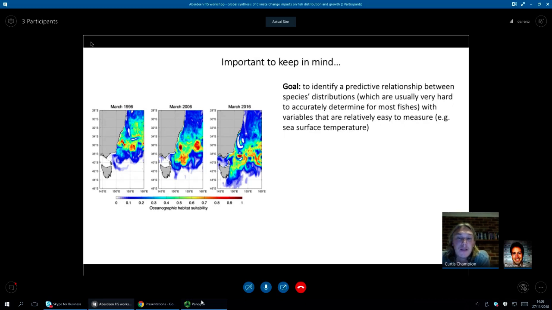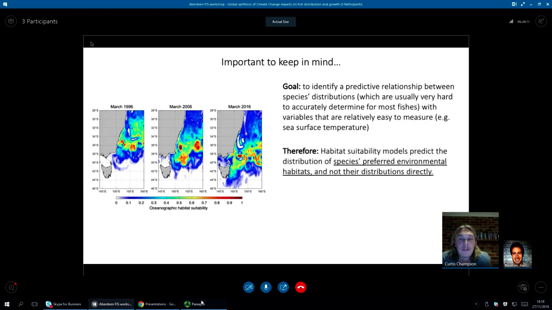Generally, we find it quite difficult to get a really solid grasp on where these marine fishes are and where their boundaries are with great accuracy. So what we're trying to do is choose a variable that's far easier to measure, such as sea surface temperature, and relate it to that distribution.